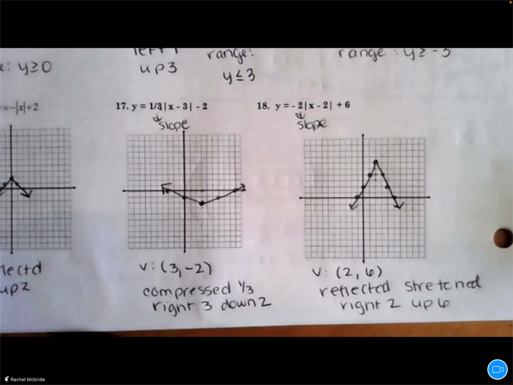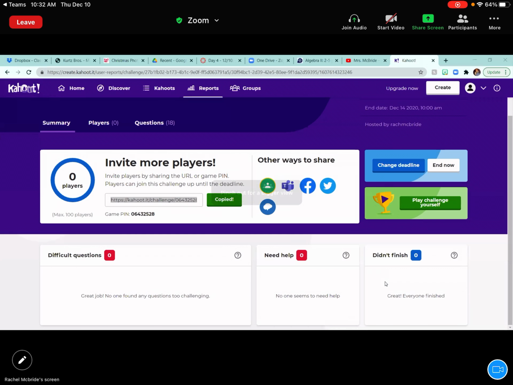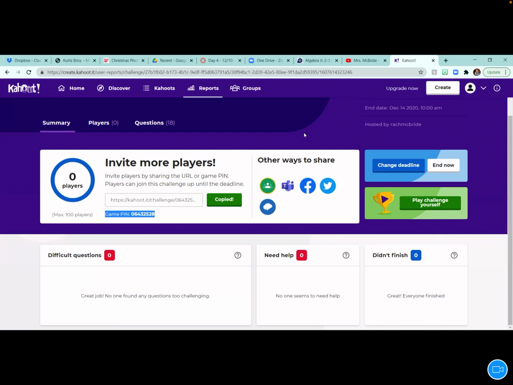If you're in person right now and you want to work on it, then the game code's right here. So again, if you're in group B, you should be taking this today. You need to have it taken before your quiz tomorrow. If you're in group A, you have to take it before your quiz Monday.